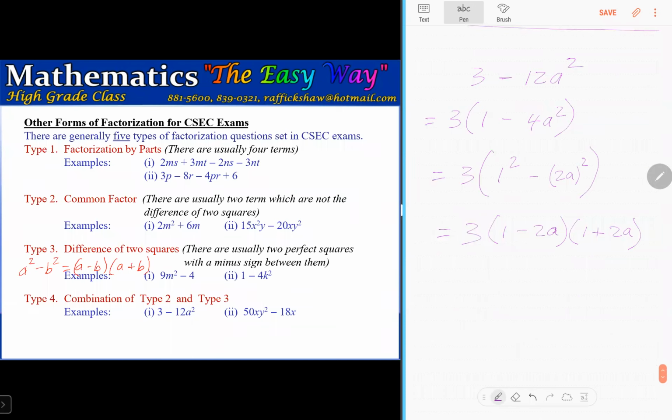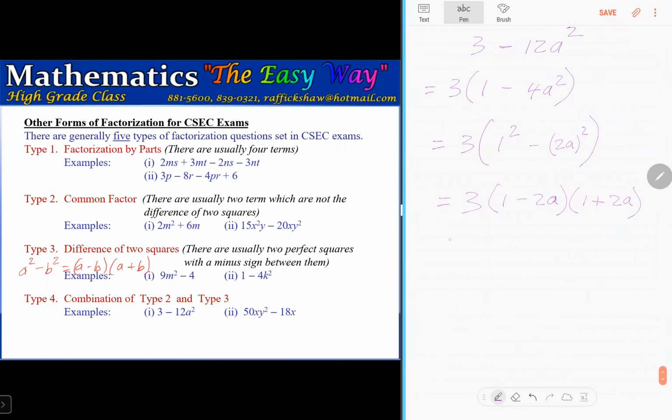All right? And then if we look at the next example, I want you to go and practice all these questions by yourselves, guys. The next example is 50xy squared minus 18x, to factorize completely. Firstly, the common factor is just 2x.